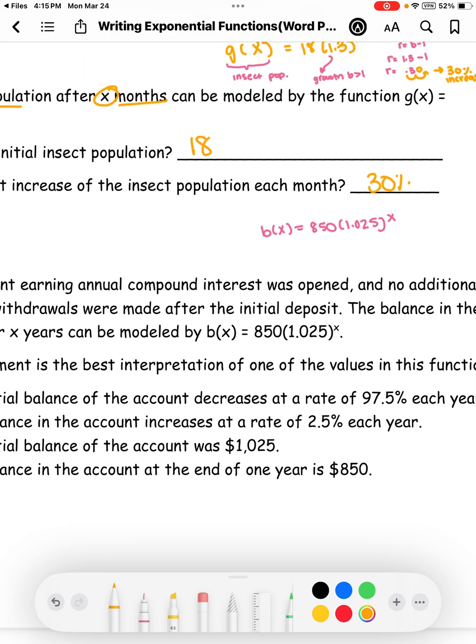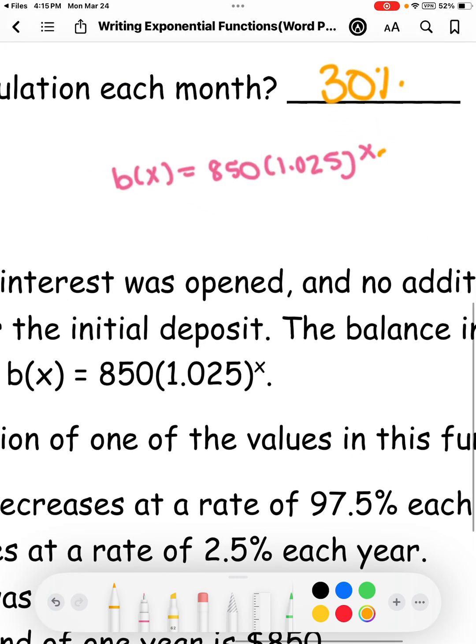Okay, if you said x represents years, good job. And B of x represents the balance in the account. Okay, second question. What does 850 represent? Are you answering the question?